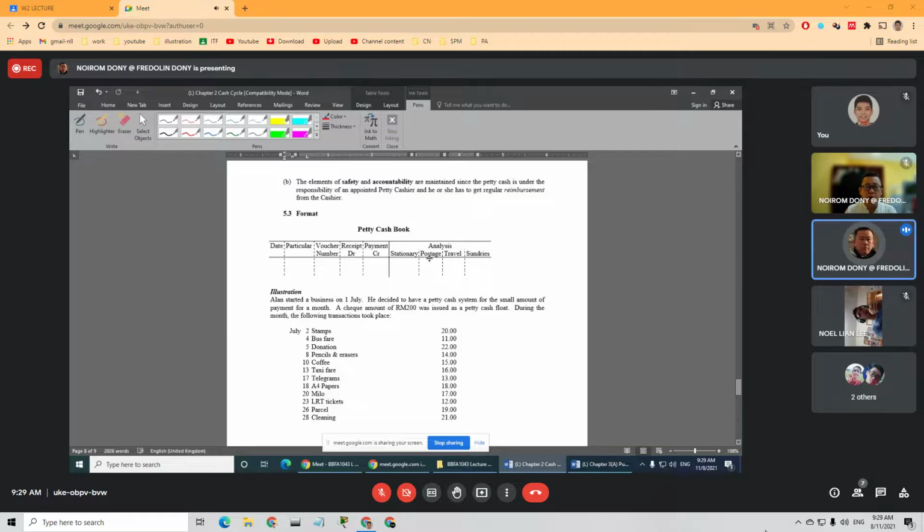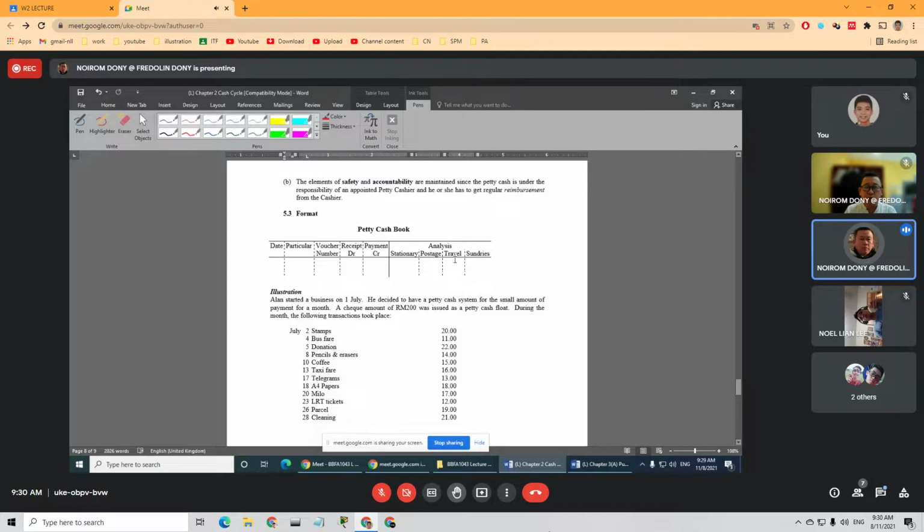Then postage. Postage is related with, like, stamps. We have to buy stamps in order to mail the letter, or even courier the item. So the courier charges will be under postage. Let's say you want to send it by Pos Laju or by DHL, the courier charges will be grouped in the postage column. Then travel column.